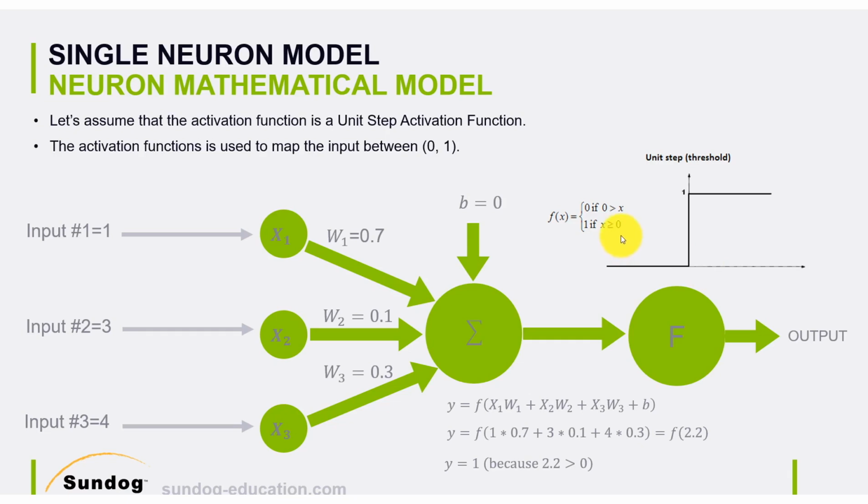If my input x is greater than 0, we set the output to 1. It's kind of binary values. If the input is negative, we set it to 0. If the input is positive, we cap it to 1, in a very simple form.